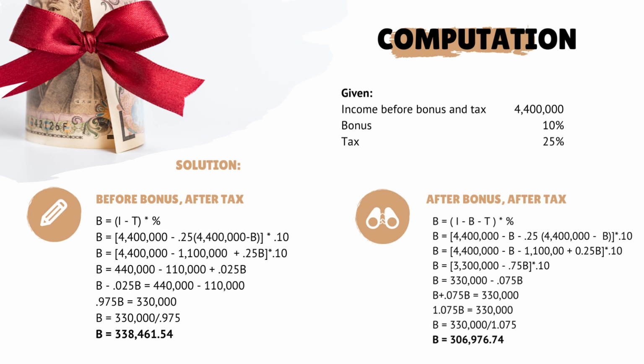So then after, you pair it with the previous one: multiply 0.25 times 4,400,000, that's 1,100,000, and then 0.25 times B is 0.25B.